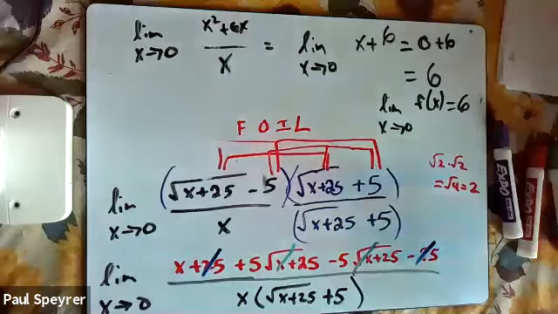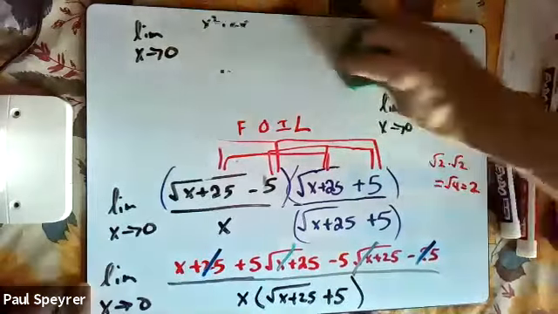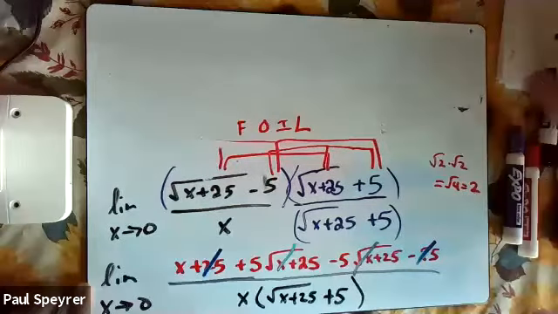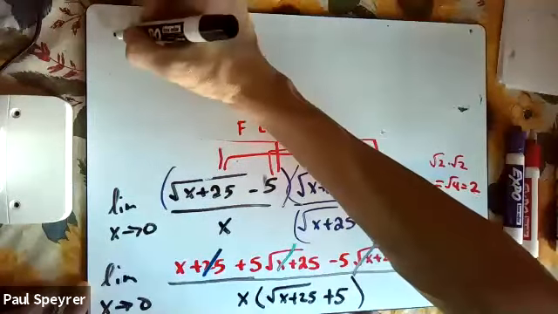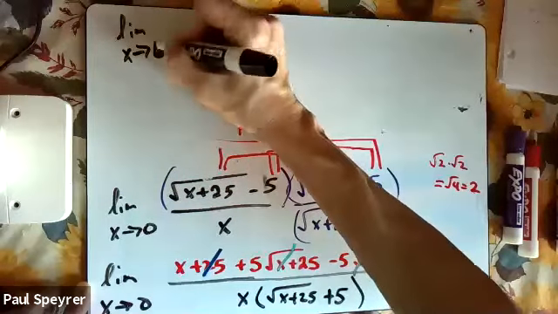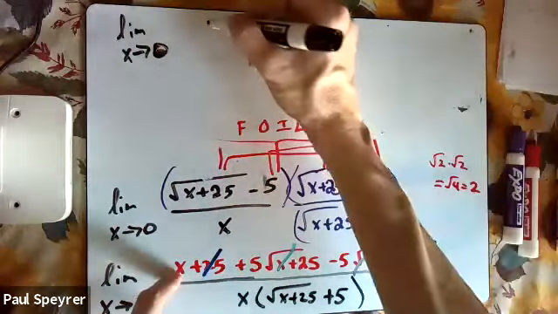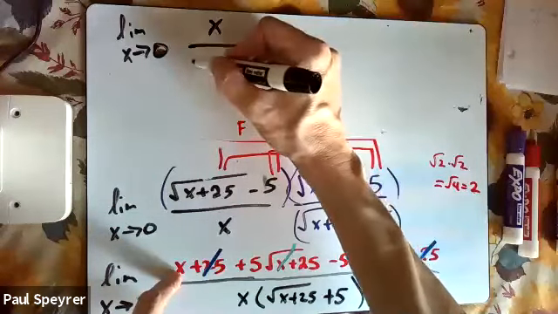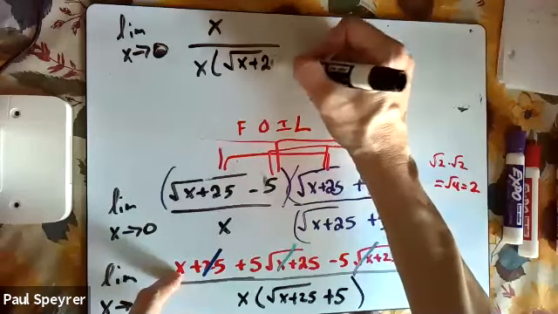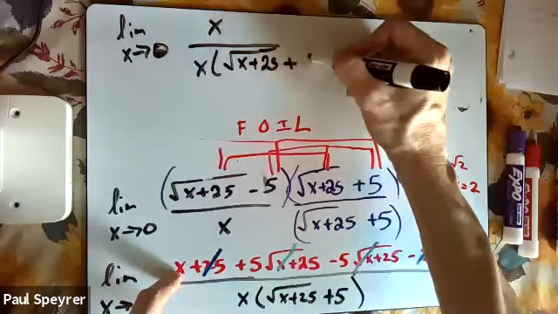So now, what are we left with? Well, now we have the limit as x approaches 0 of just x over x times the root of x plus 25 plus 5.